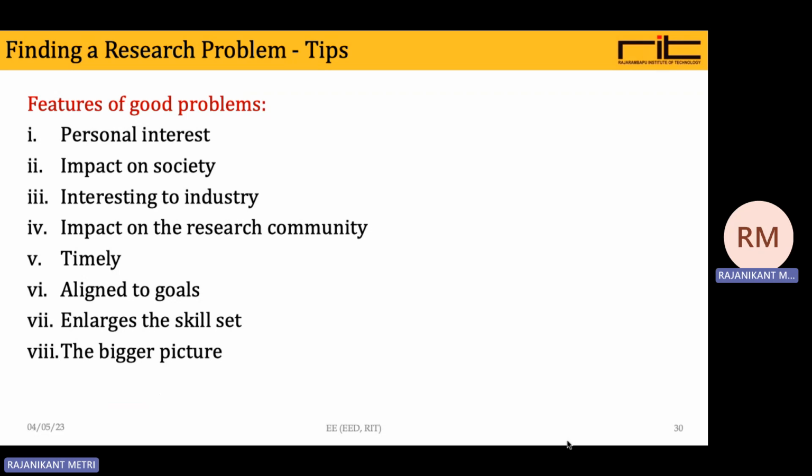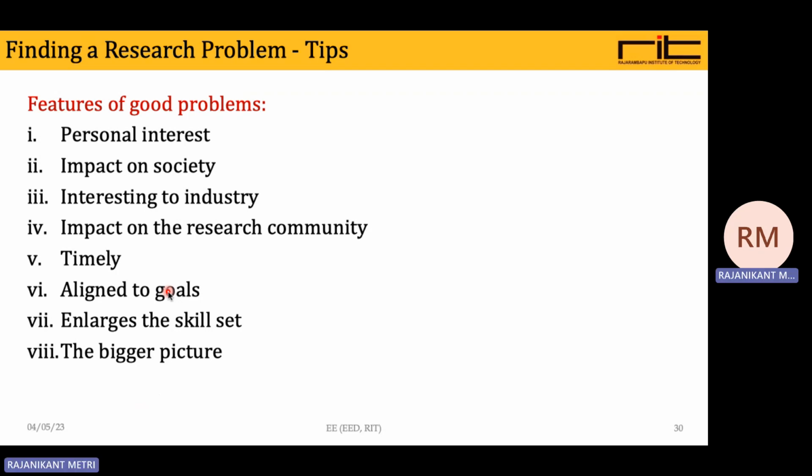So the main thing is what topic or area you have chosen, whether it is of current interest or near future interest, then only it is useful. The next feature is alignment to the goal. That means, is the problem relevant to your interest or to the field?